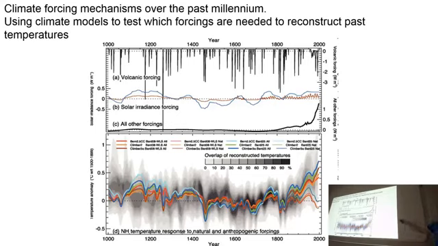Volcanic forcings act as sporadic coolings. There's a little more forcing in the late 20th century, largely due to increased industrial activity pumping out sulfate aerosols. We've also got solar forcing and carbon dioxide, or basically all of our greenhouse gas forcing.